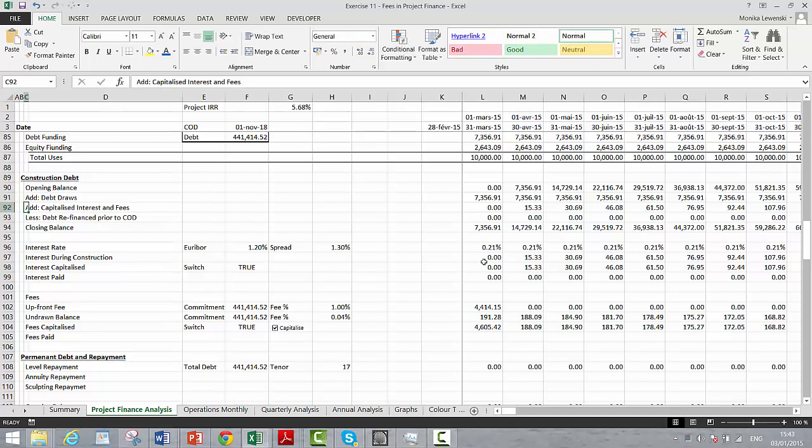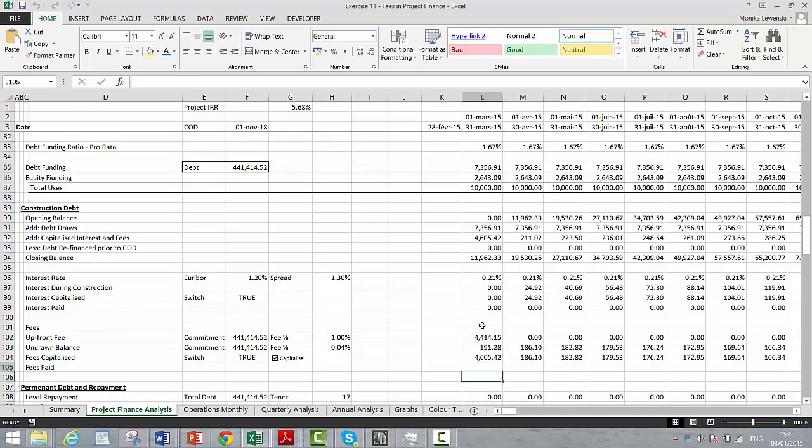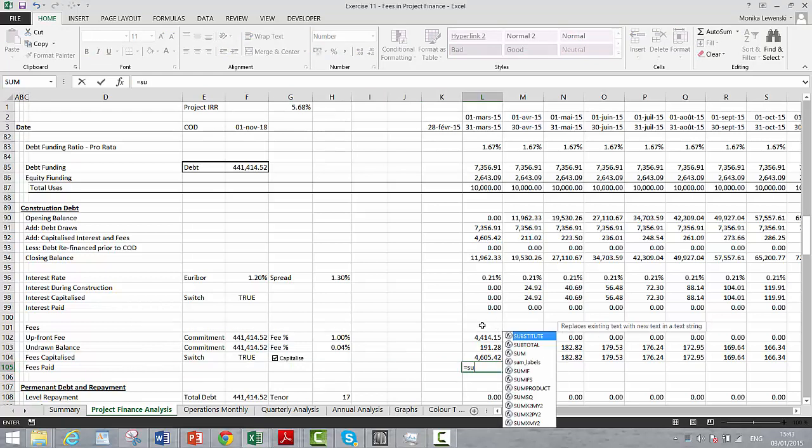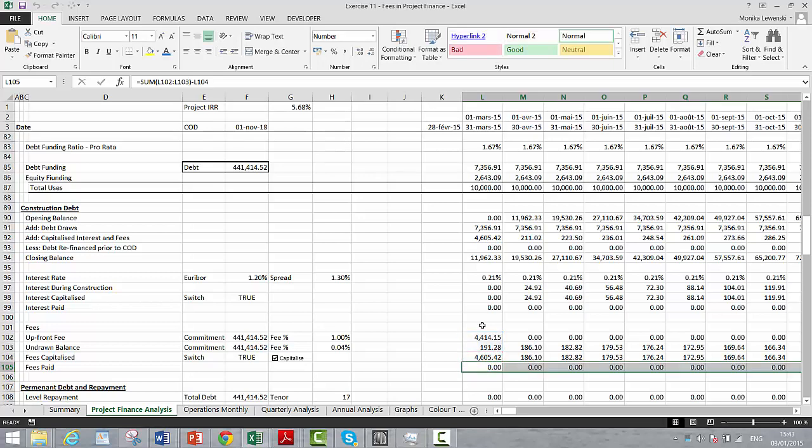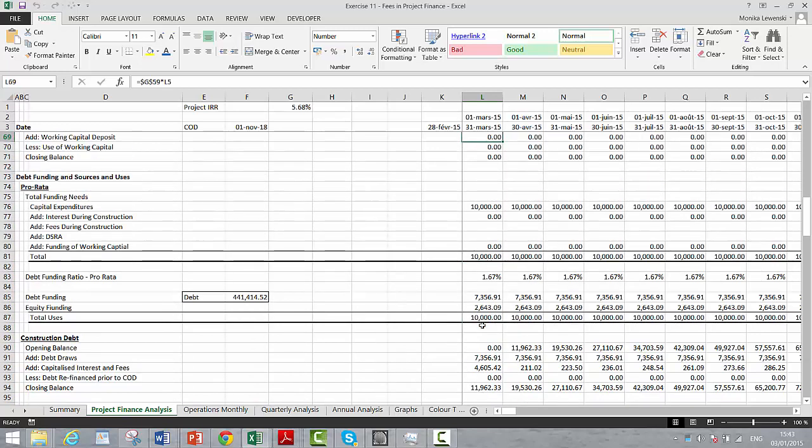Okay, so we go over here and we add the capitalized fees as well as the capitalized interest, and then up here I didn't fill in the fees paid, but it'll be the sum of these two minus this. We could have done it 5 different ways, and then we put the fees during construction as part of our funding needs.